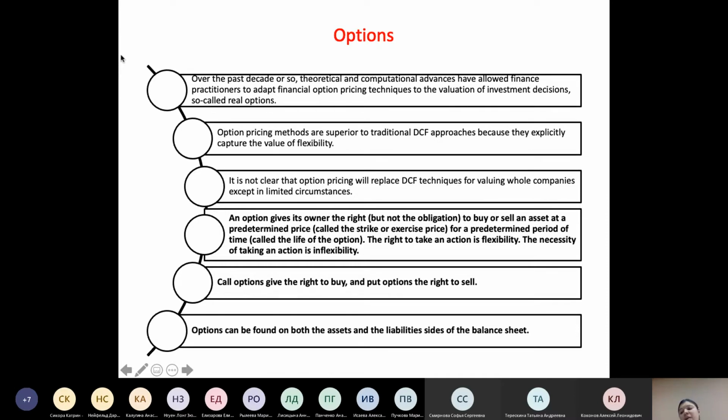And if we analyze real option valuation and the opportunities of the company, we can find options on the side of assets or on the side of obligations.